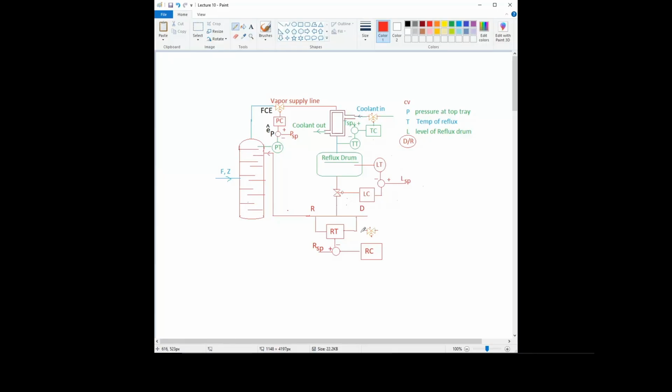So we have a valve at the distillate here. Suppose this is a straight line, and this is a control signal given by the controller to the valve, right? So this is not looking better. So what we will do, this should be here.